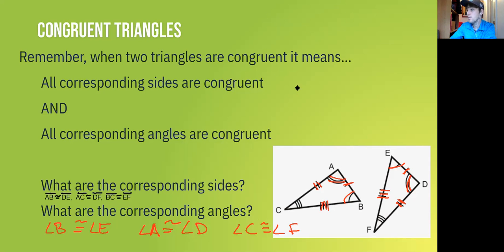Again, we're not always given all this stuff, so we have to sometimes do some things to figure stuff out. So just to show a little bit, some other things that we could do. If we know that angle A and D correspond to one another, then the sides that are across from those angles would also have to correspond. So that's another way to find corresponding sides. If we know we have these two angles that correspond, then BC would have to correspond to EF.